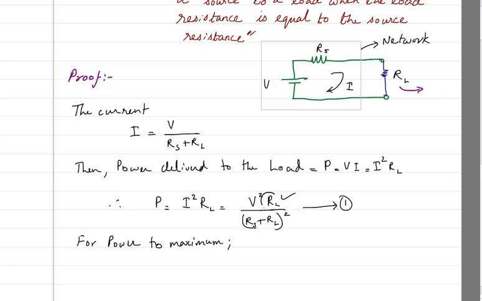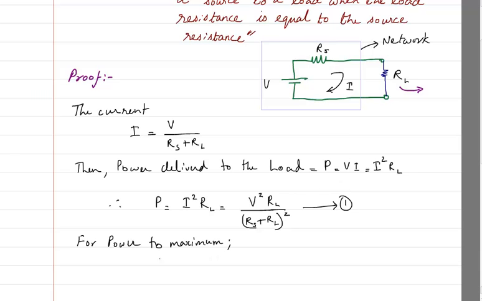In this equation you have RL in the numerator and RL in the denominator. Of course they don't cancel off. So the power basically varies with respect to RL only, if the voltage and the source resistance are not changing, which generally do not change.